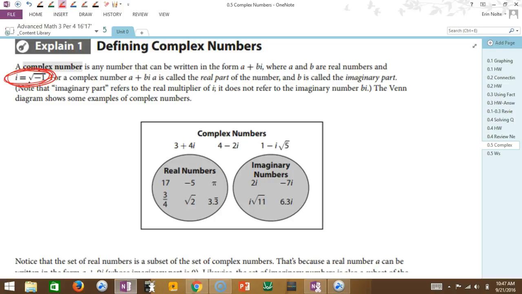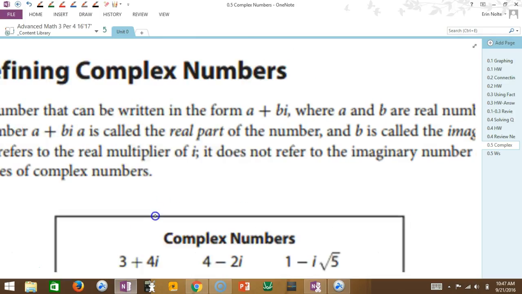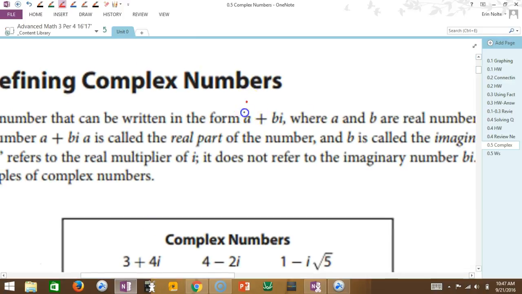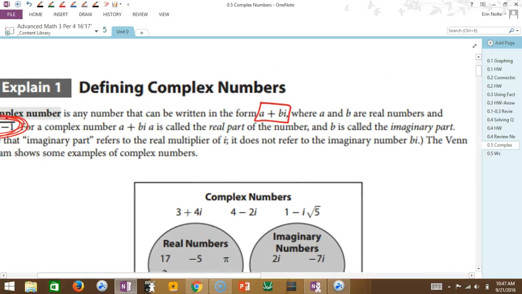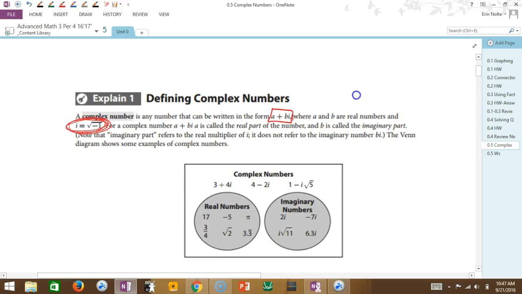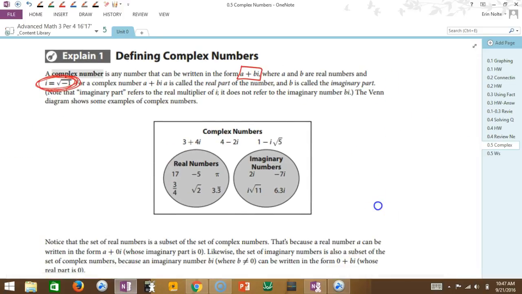The standard form of a complex number looks like this: a plus bi. a is your real number, and the bi is how many imaginary numbers you have. So we have this real meets imaginary number. Very cool.